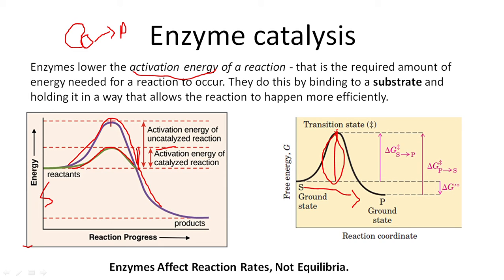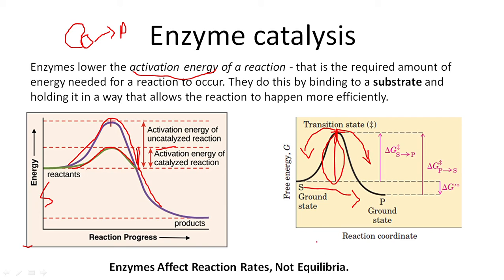So this transition state is like a plateau. This is showing that when a molecule gains or is present in the transition state, it can either be converted to substrate or to product.